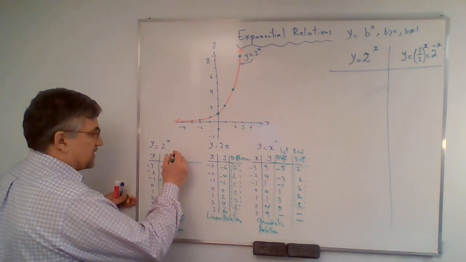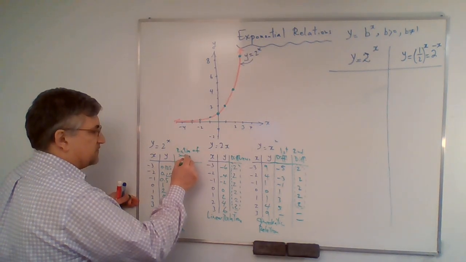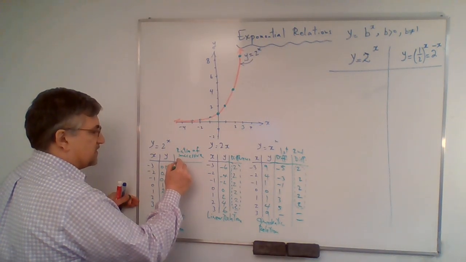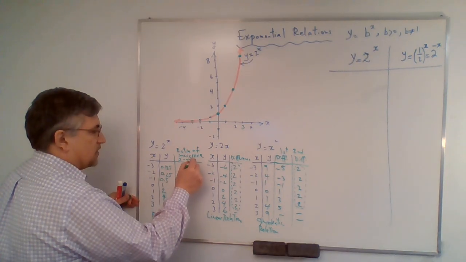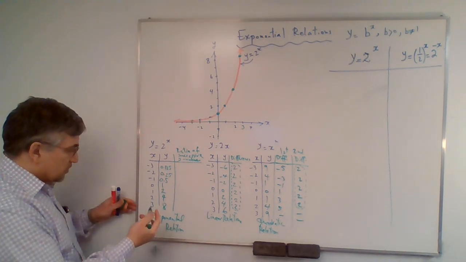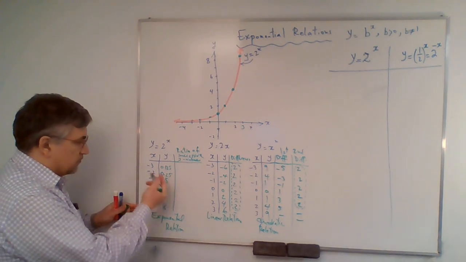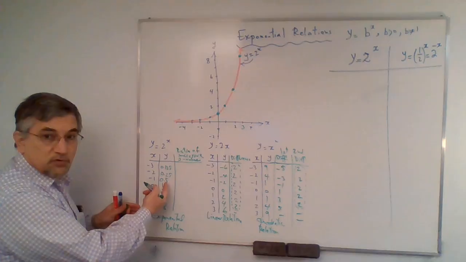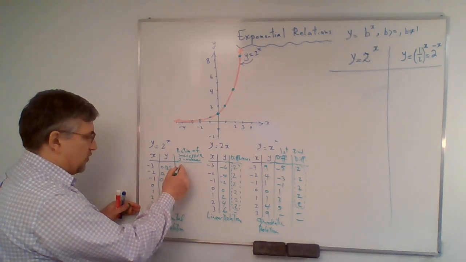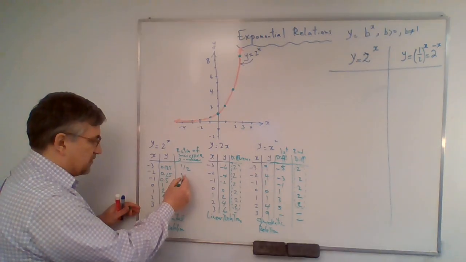So this tells us that the ratio of successive y values are the same for exponential relations. So, for example, if I divide 0.125 by 0.25, we end up with 1/2. If you divide 0.25, a quarter, by 0.5, that's going to be 1/2 again.